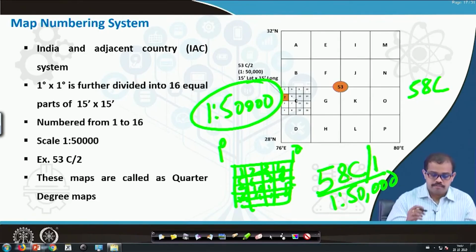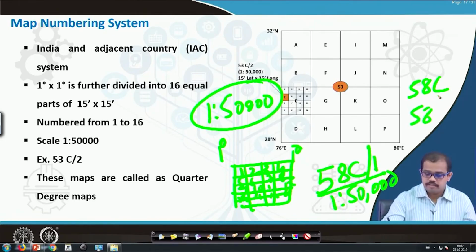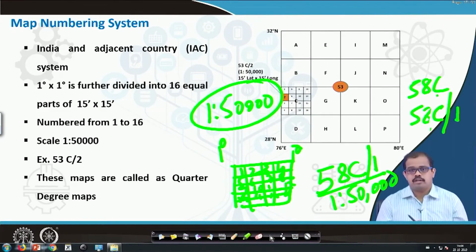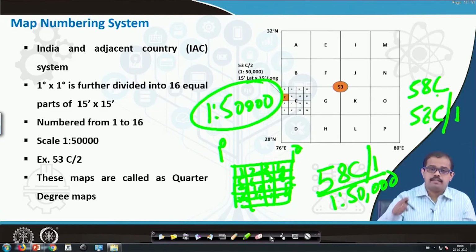So if someone says it's 58, then it is 1:1 million. If someone says it is 58C, then it is 1:250,000. If someone says it is 58C1, then it is a quarter degree map or 1:50,000 map. So now 1 unit on the map is 50,000 units on the ground. This number can vary from 1 to 16.